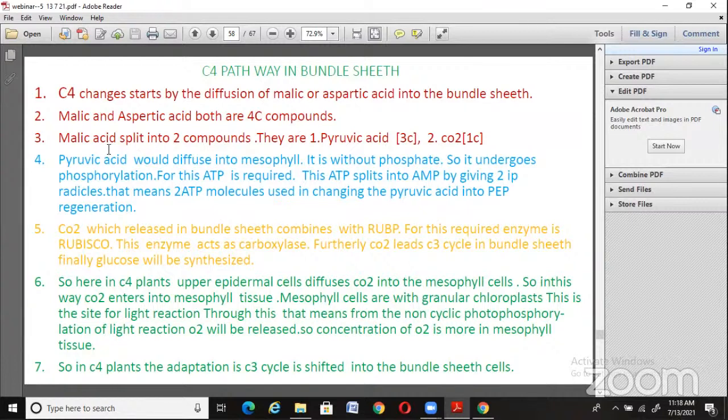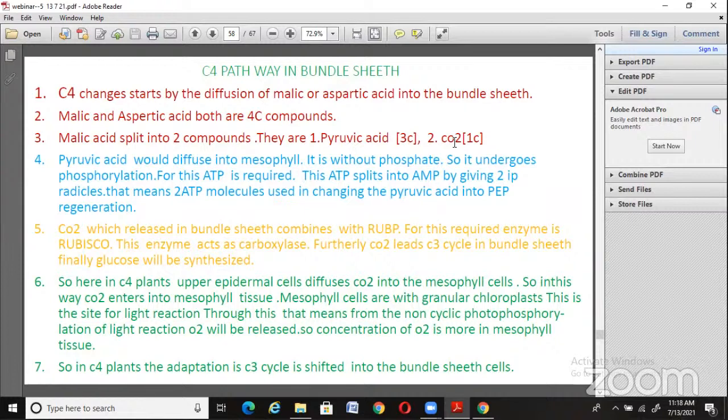So, if malic acid diffuses into the bundle sheath cells, what happens in the further changes? Malic acid splits into two compounds in the bundle sheath cells. One is pyruvic acid, which is a 3C compound, and the other is one carbon dioxide molecule.